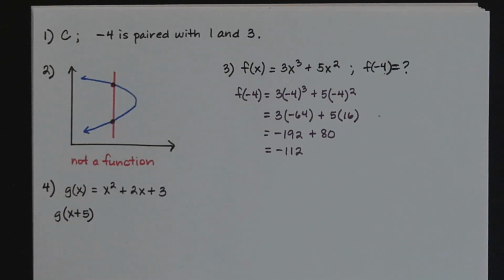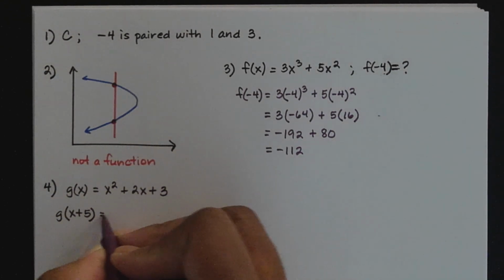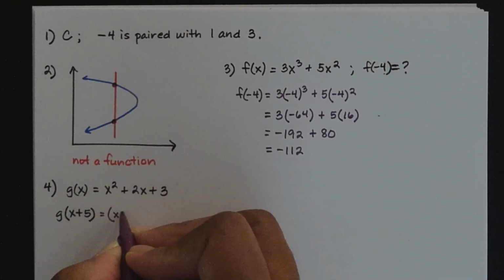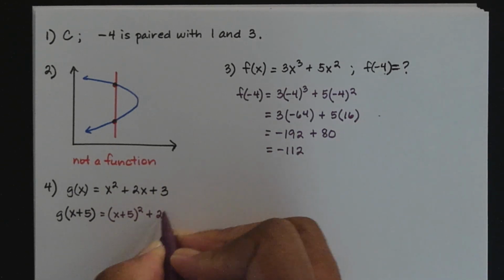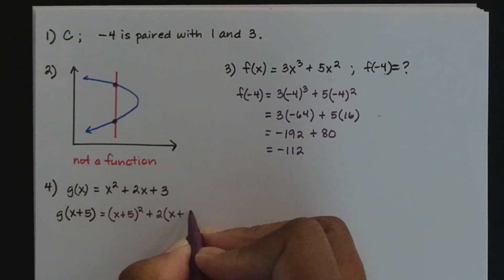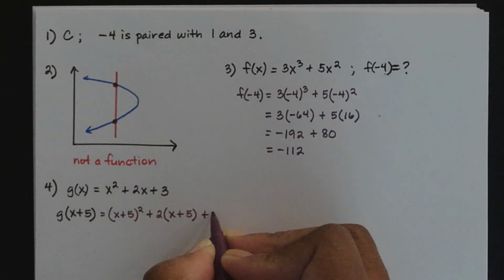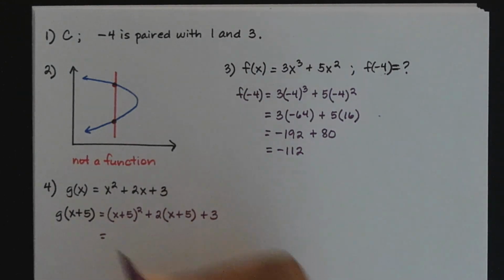So in this case, we're substituting every x in that g of x function with x plus 5. All right, so that means here this x would be replaced with x plus 5, and that's going to be squared, plus 2 times that x will be replaced with x plus 5, and then plus 3.